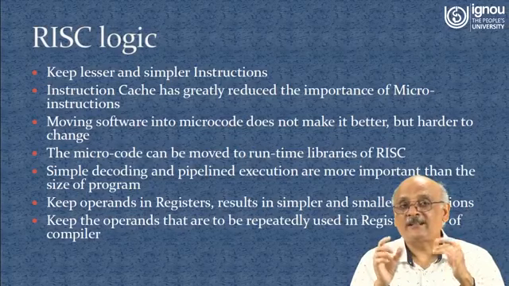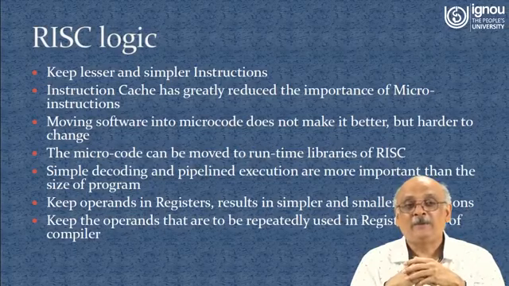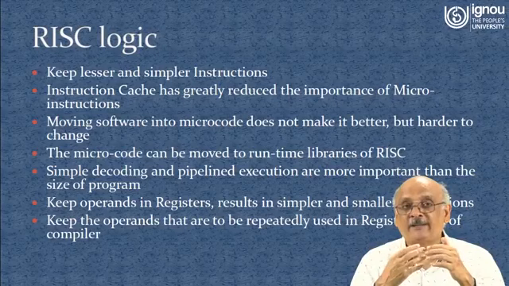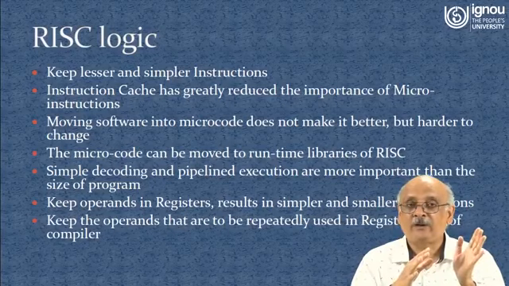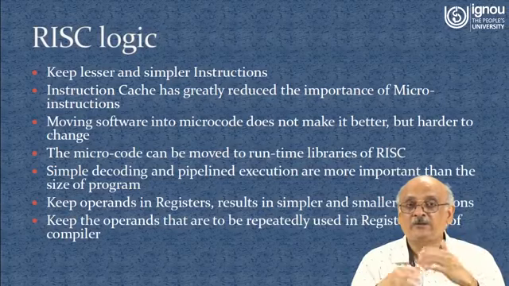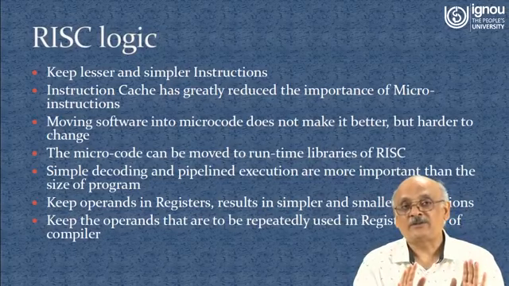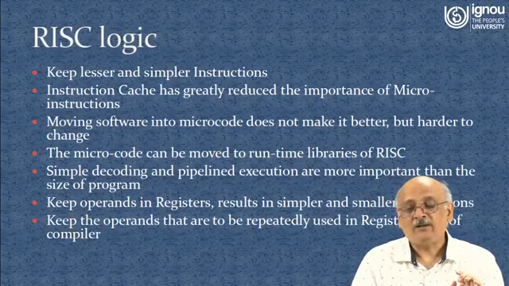Because register addressing requires smaller space, okay? But for that you will require some additional things, but the logic is this, okay? Keep the operands that are to be repeatedly used in registers. So all those operands which are to be used again and again, keep them in registers. And this was the job of the compiler.